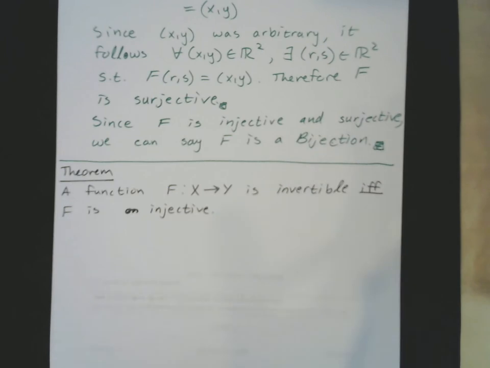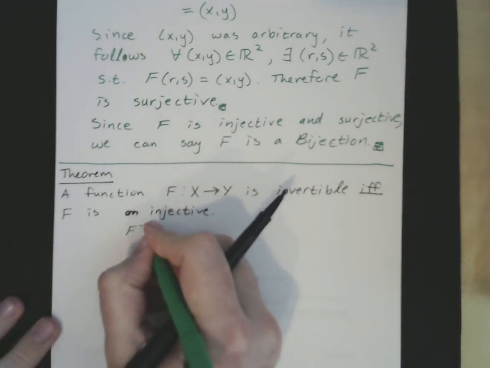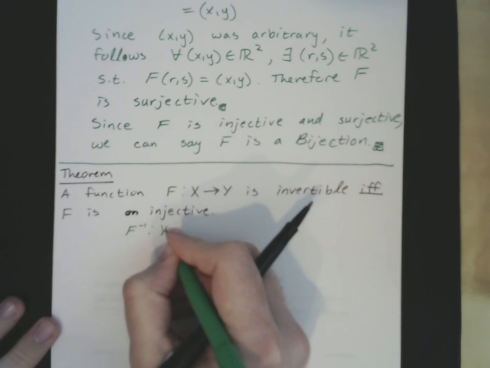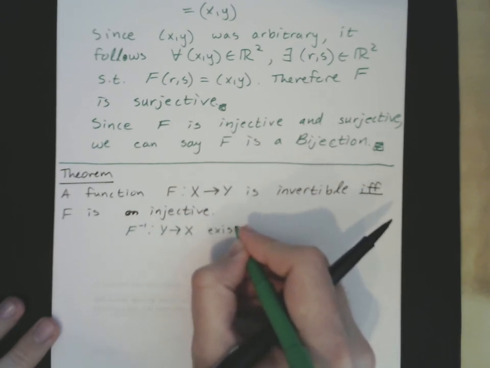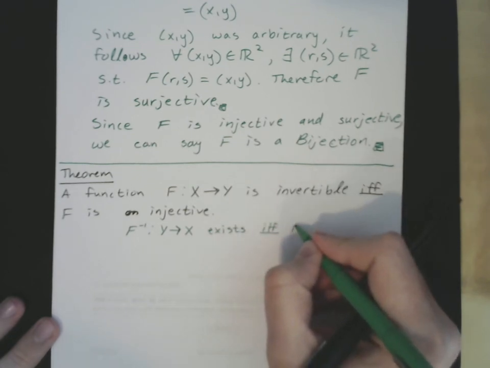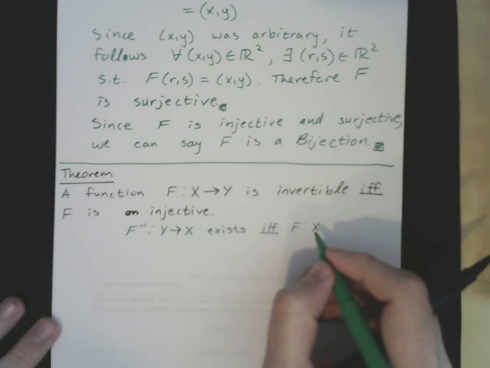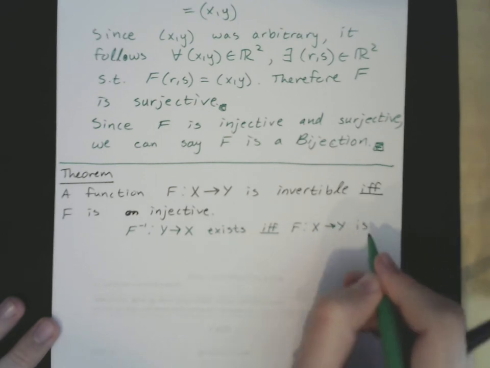And we know that from algebra. We did the horizontal line test to show that a function had an inverse. And so this equates to saying that f inverse that maps y into x exists if and only if f that maps x into y is injective.